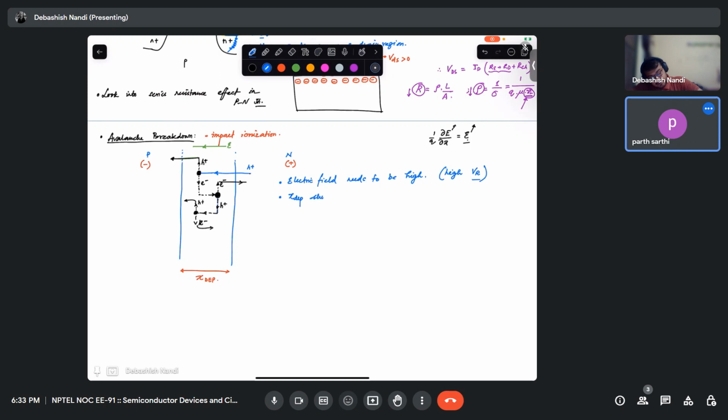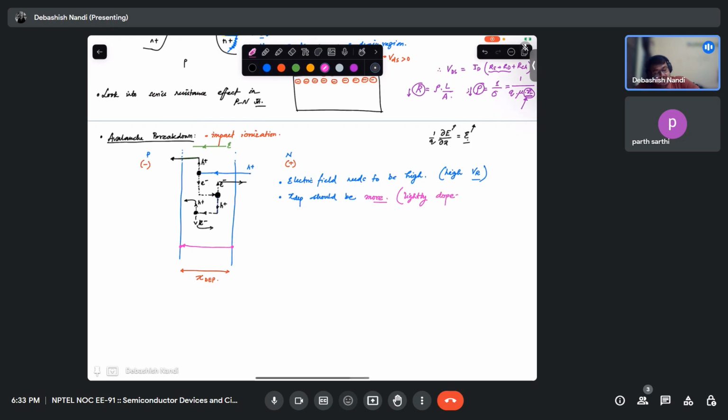It is dependent on X depth, right? Because suppose you are starting from this point and you have a larger distance to cover, then you will get more momentum, more energy for the particle. So X depth should be more. And what is the condition on doping then for more X depth? Exactly, lightly doped.